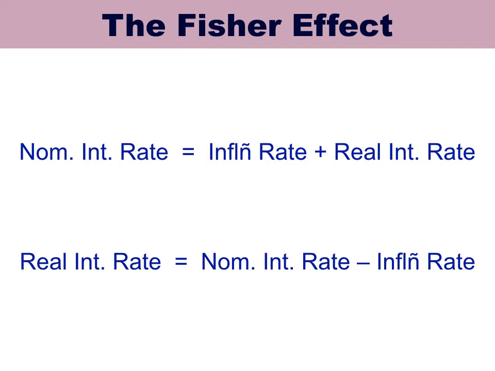So if we deposit our money for 1 year, I would expect that I can actually buy more real goods at the end of the year than I could at the beginning of the year. Which means that the growth in my money, nominal interest rate is about how quickly my money grows. The growth in my money is going to have to be accounted for by both the inflation rate and give me a real return.